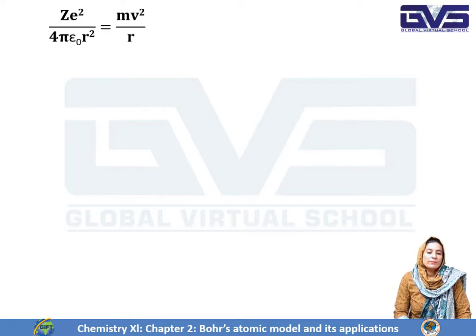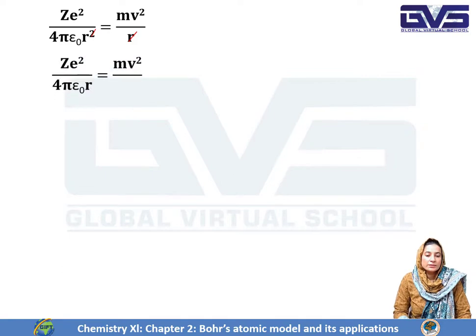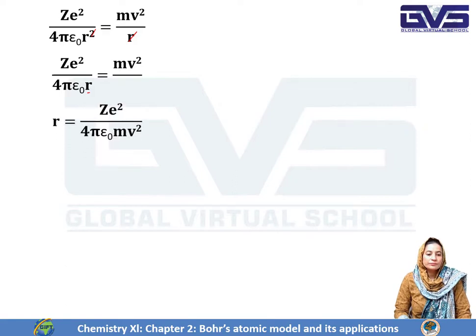Here you can see some common factors, r square and r. So one r can be cancelled with the other r, and the remaining equation will be like this. Keeping r on one side and taking all the other values to the other side, we get r equals mv square with 4 pi epsilon.